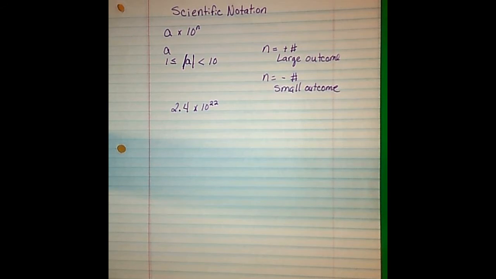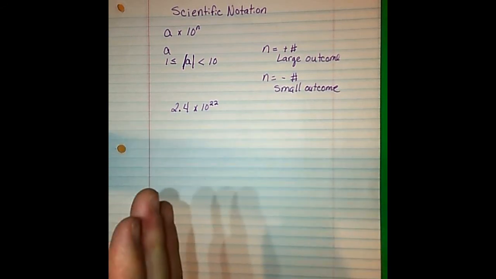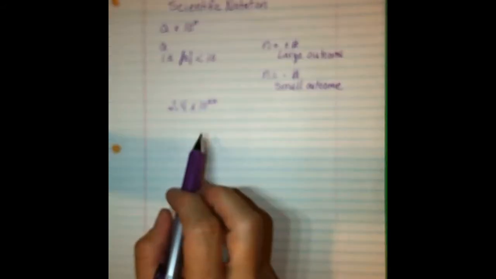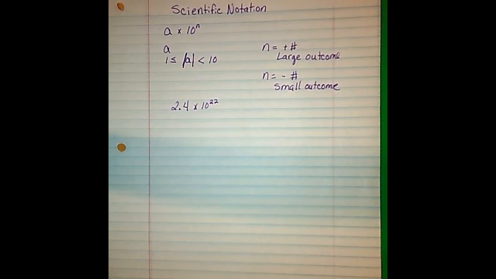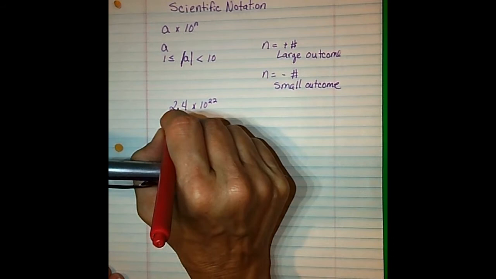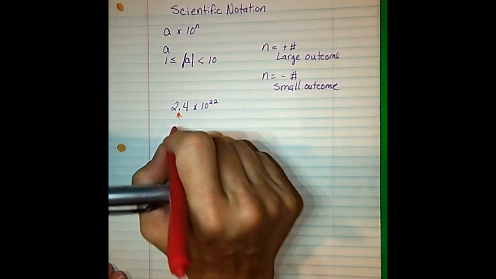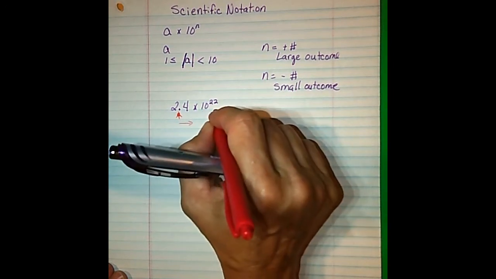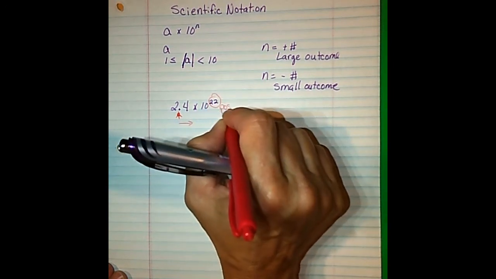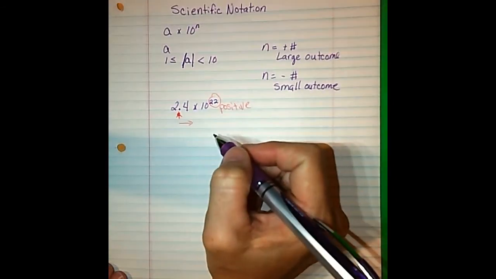This is in scientific notation, and if we wanted to convert it to standard notation, then we would have to grab this decimal right here and move it in this direction because this is positive. Since it's a positive number, we're going to move it 22 places.